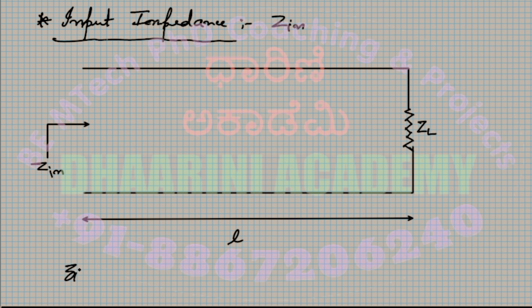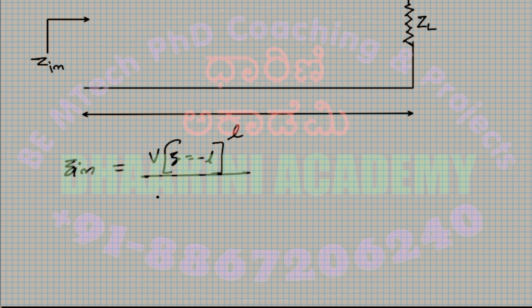So the input impedance Zin is equal to the voltage at Z equal to minus L from the load, divided by the current at the point Z equal to minus L. Now I write the equation I calculated for ZL, but in that I keep Z as it is.